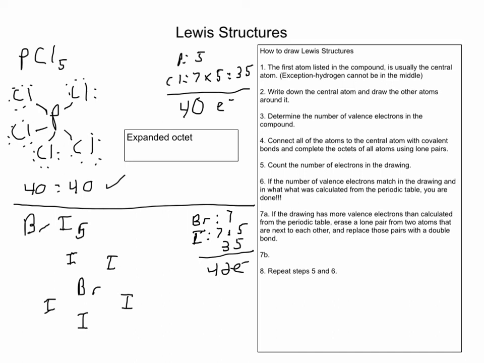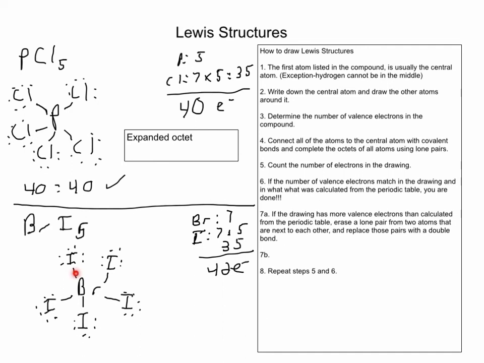Next, I connect all my elements to the central atom with single bonds. Notice that here I also have an expanded octet, and I complete all of the octets with lone pairs. Each iodine has 2 electrons from the bond, so each one is now going to need 6 more. Now I have to count how many electrons are in my picture.